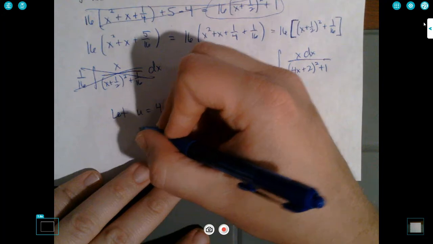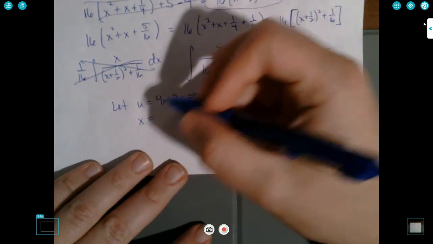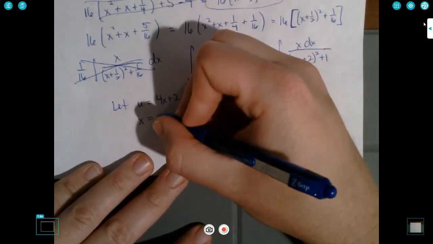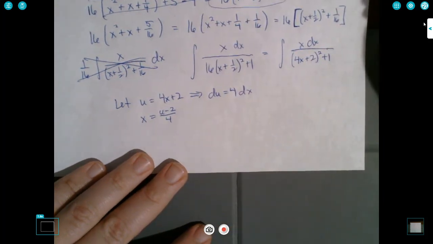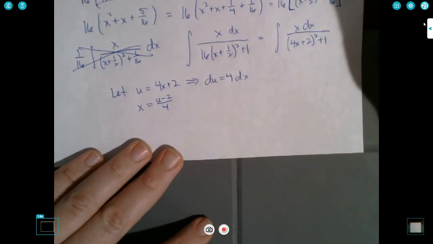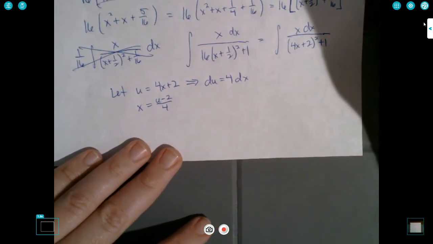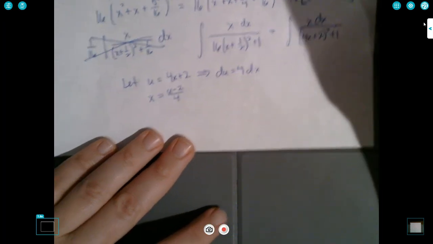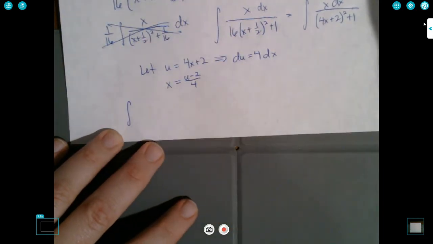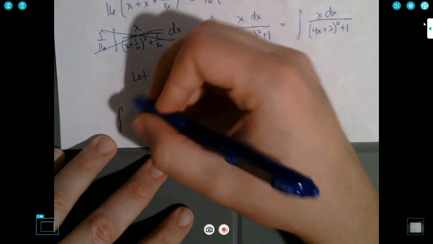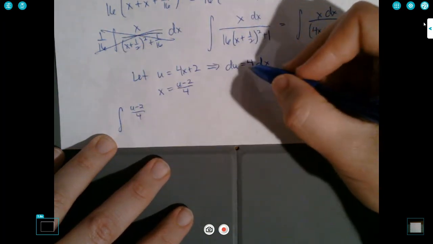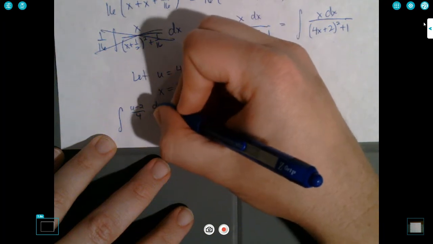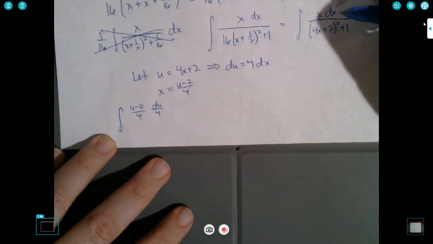I can say x is going to be u minus 2 over 4. So making all of those replacements, x is u minus 2 over 4, dx is going to be du over 4. You can kind of think of it like that.